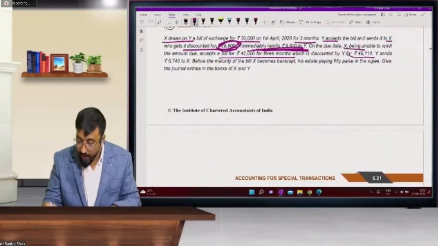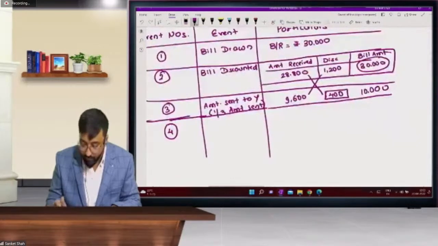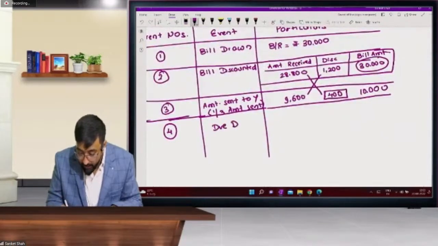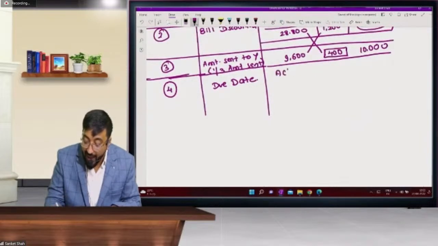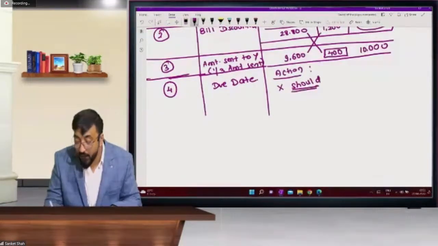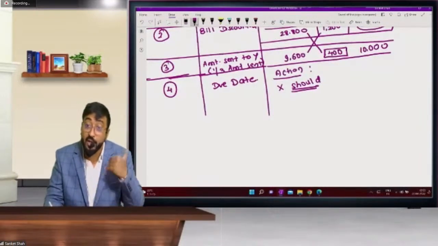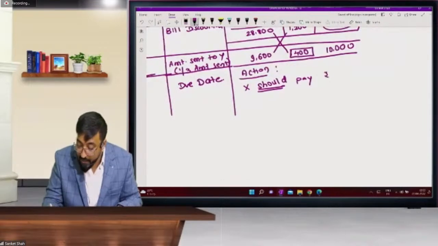Now, X being unable to remit the amount on due date. Now it's time of due date. Due date पे क्या होना चाहिए था? What is the action? X should pay. He has not paid, but he should pay rupees 20,000.